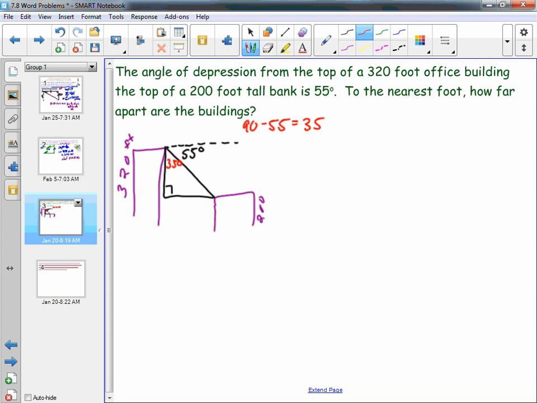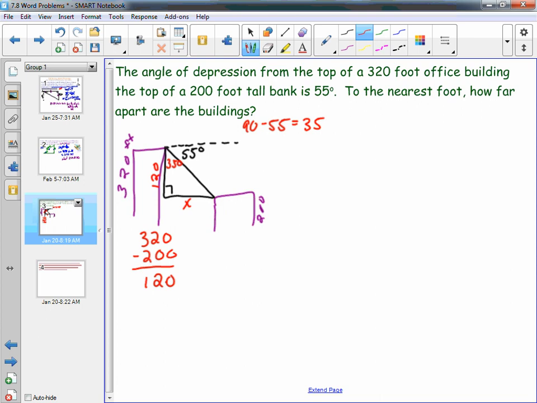I do not know how wide apart the buildings are. That's what I'm trying to solve for. I do, however, know how much taller the building on the left is. So I'm going to take 320 minus 200 and find that it's 120 feet taller. So this side of my triangle is 120.